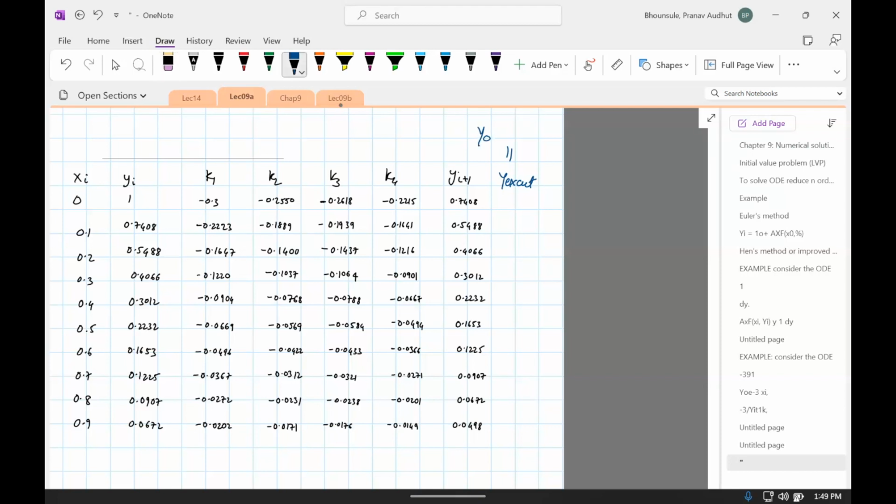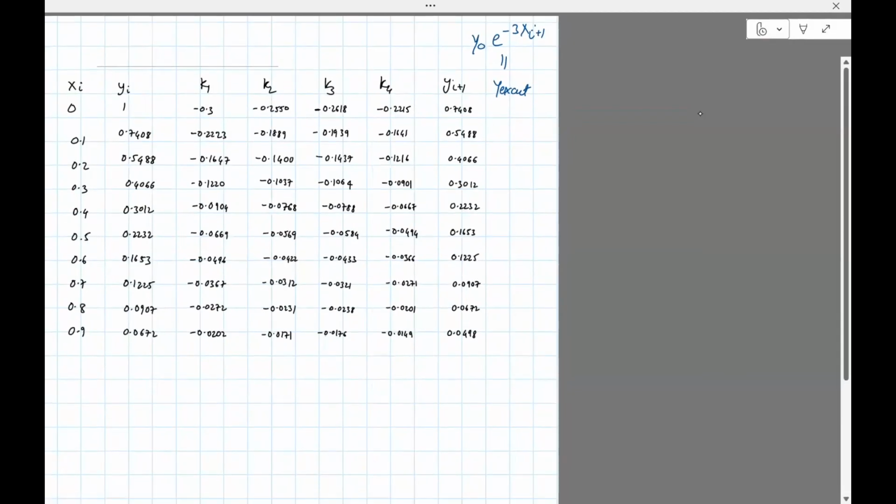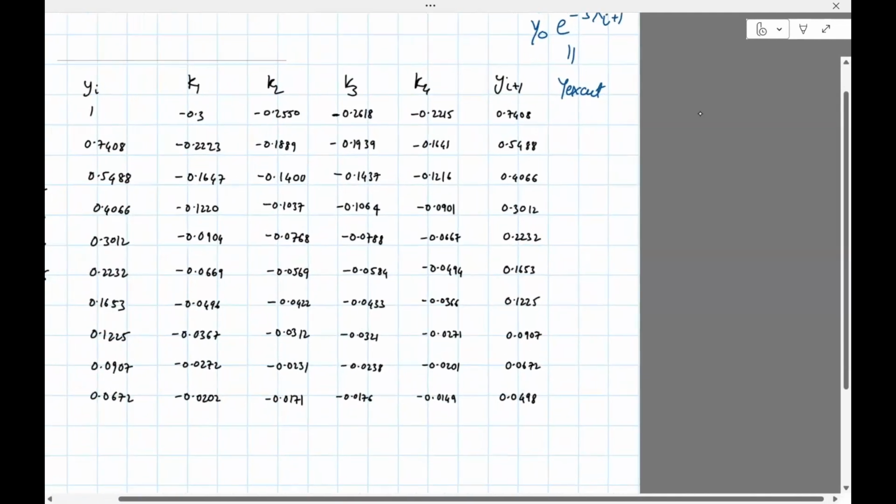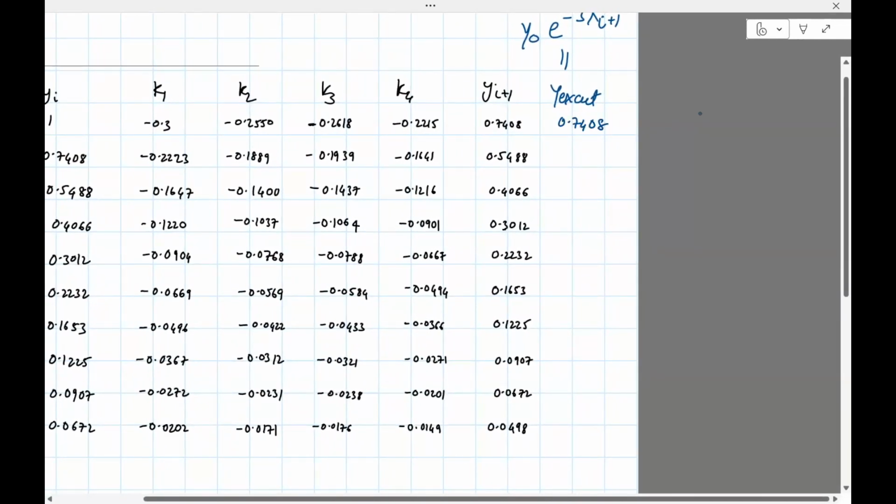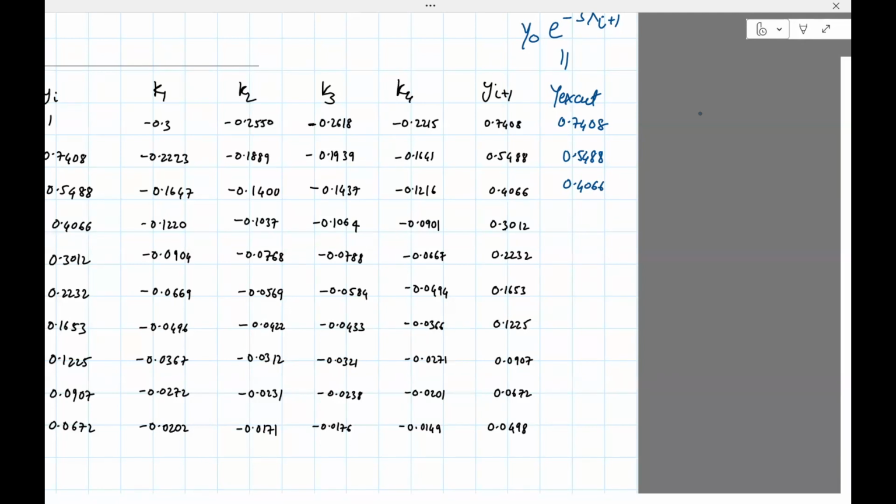y0 e raised to minus 3 xi plus 1. And then the values which fit in here are as follows. 0.7408, 0.5488. You can see that they're actually matching the values on the left side. 0.4066, 0.3012, 0.2231, 0.1653, 0.1225.